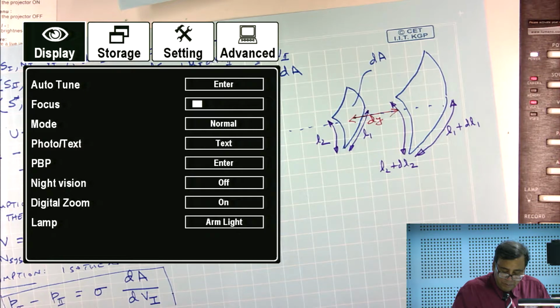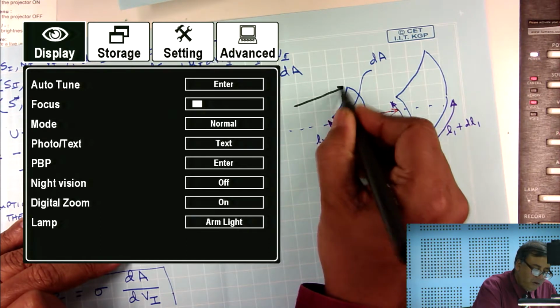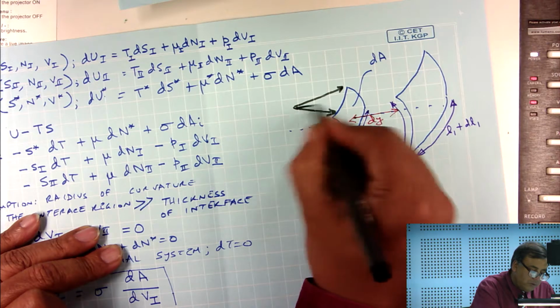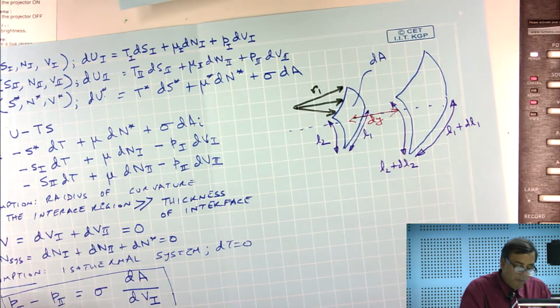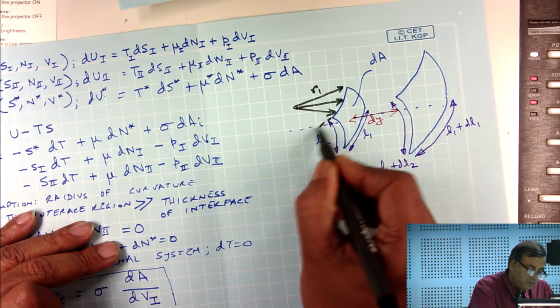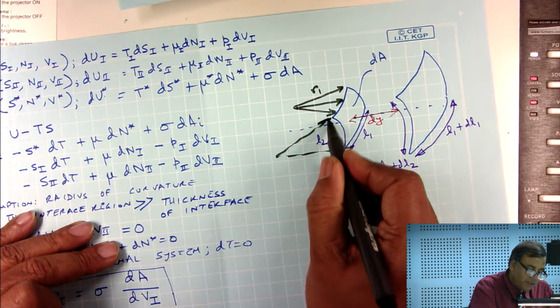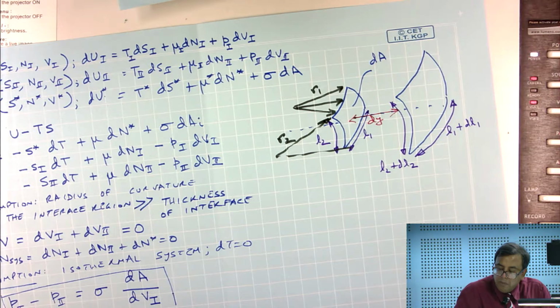And to begin with, this had a radius of curvature R1, another radius of curvature R2, right.